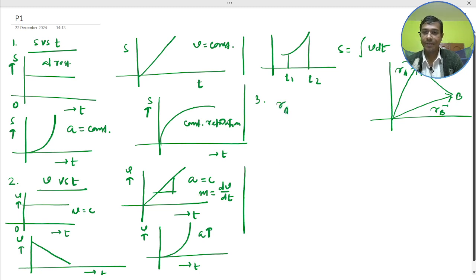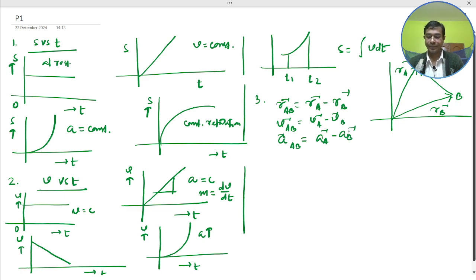So here RAB means RA minus RB. Similarly, VAB is VA minus VB, and the acceleration AAB is equal to AA minus AB, where VAB is the velocity of A with respect to B.